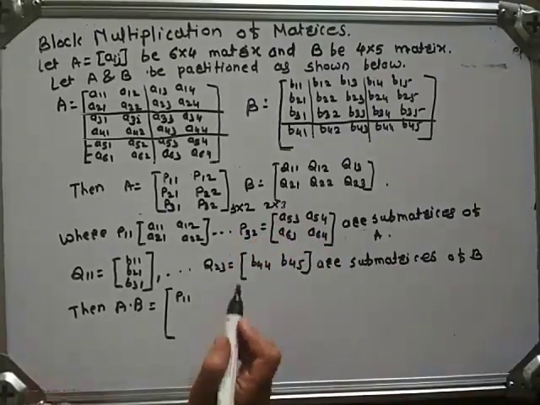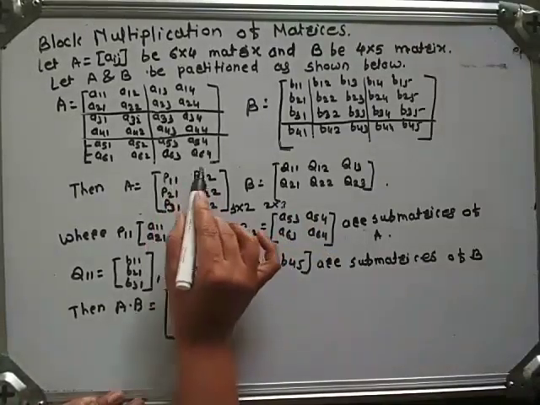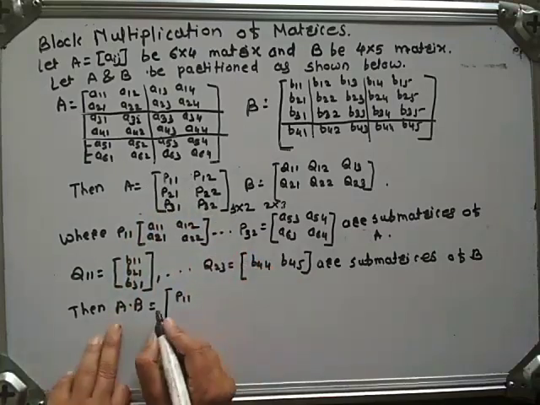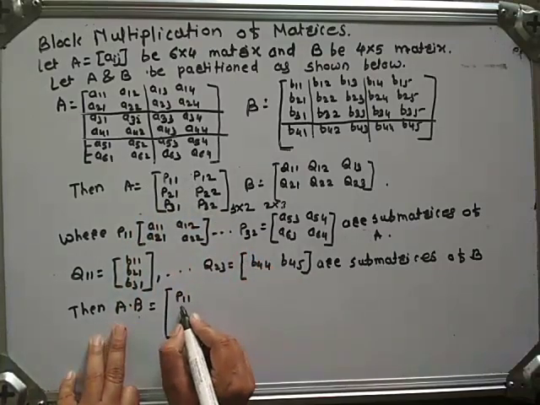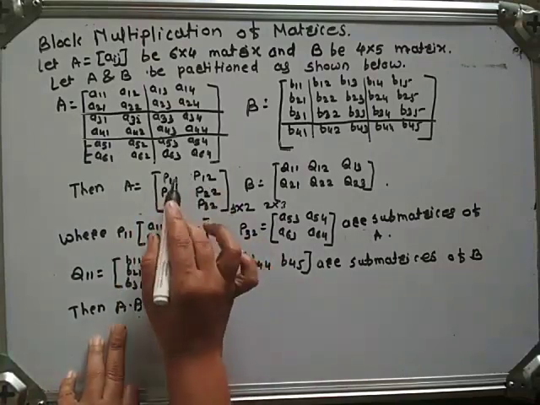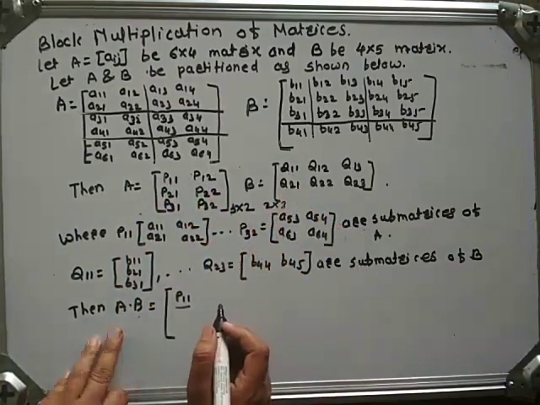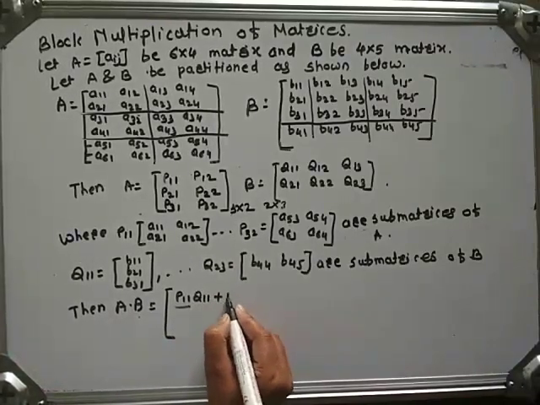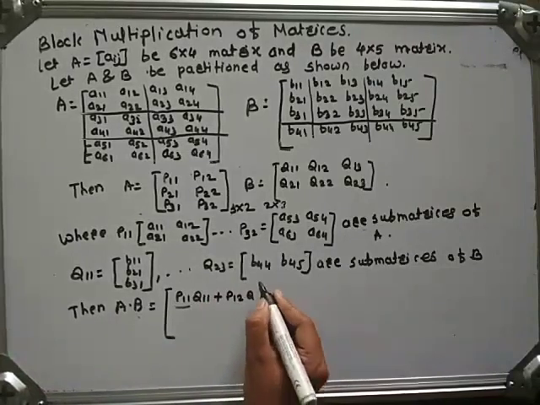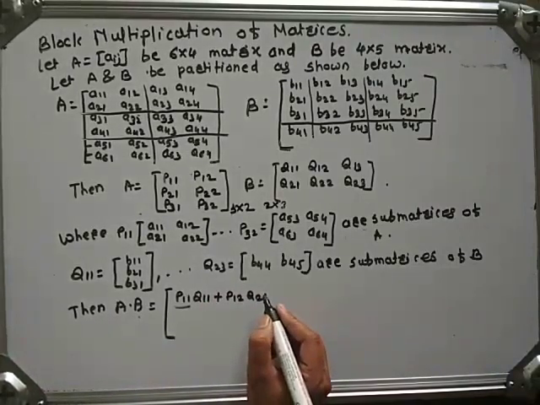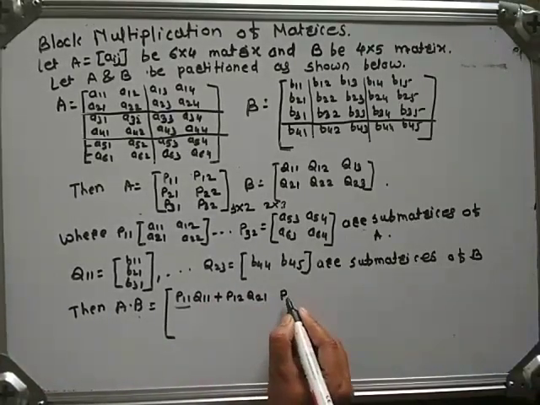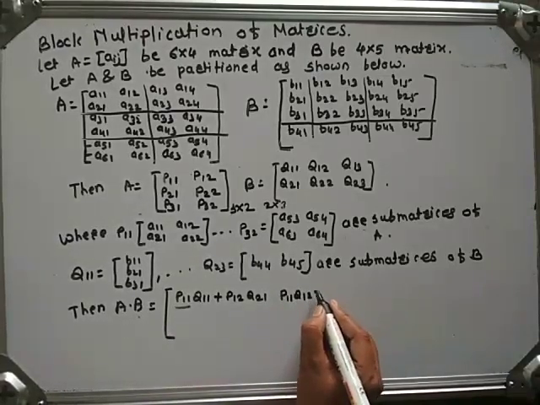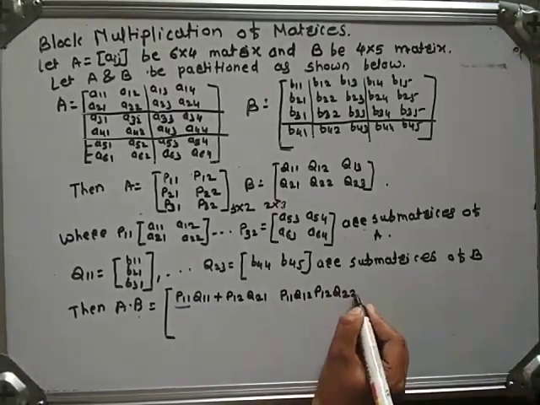Multiply. For the first entry of A into B, we multiply corresponding entries of the first row of A into the first column of B, that is P11 into Q11 plus P12 into Q21. Then the second entry is P11 into Q12 plus P12 into Q22.